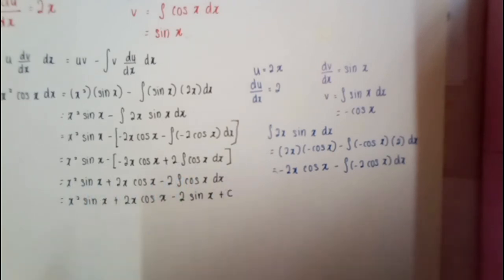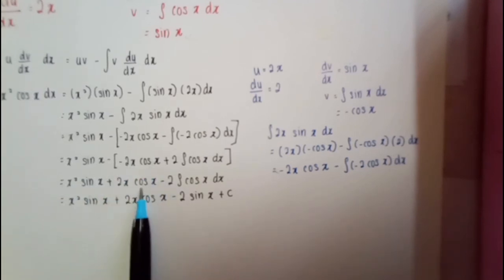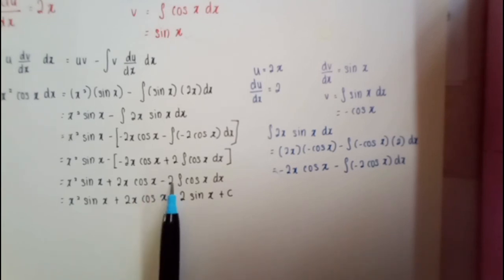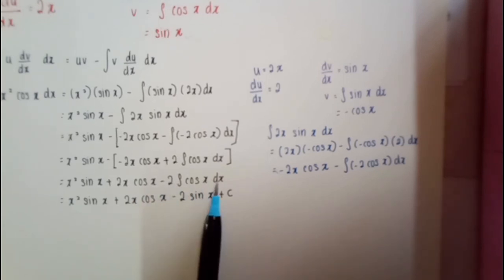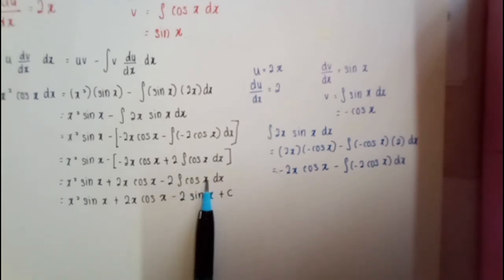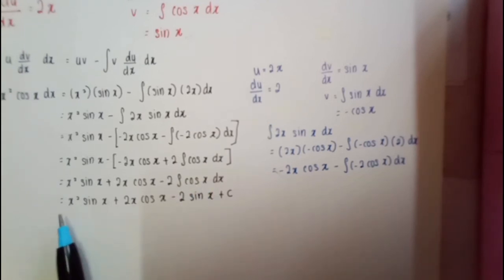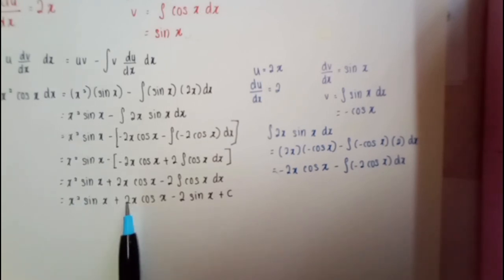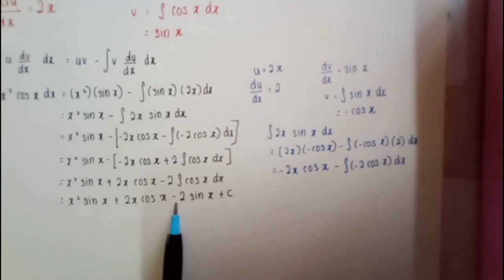When we open the brackets, it will be x squared sin x plus 2x cos x minus 2 integrate cos x dx. When we integrate cos x, it will be sin x. Therefore, the final answer is x squared sin x plus 2x cos x minus 2 sin x plus c.